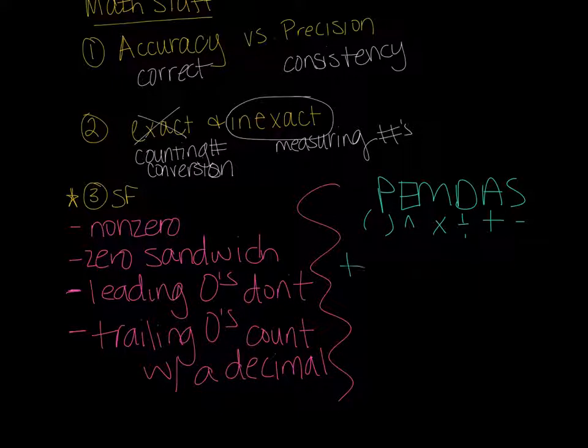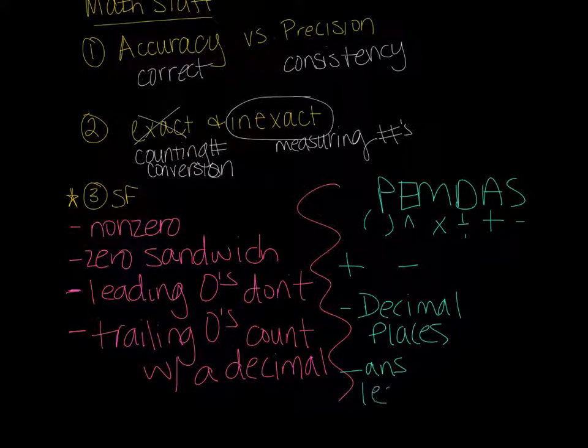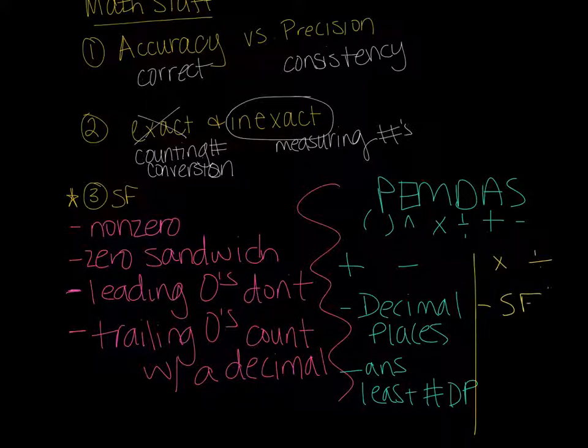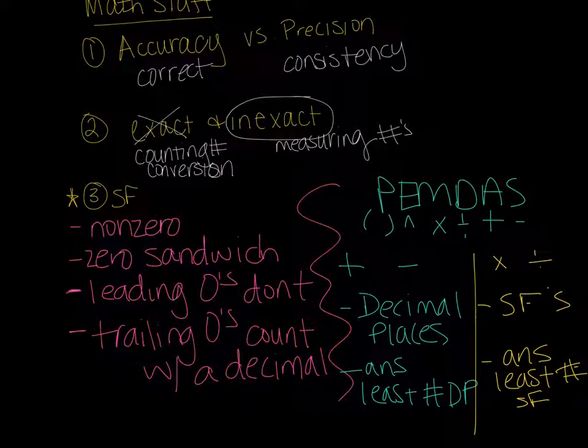And from there, if you are adding or subtracting, you're going to count up decimal places, and your answer should have the least number of decimal places. If you are doing multiplication and division, you're going to count up sig figs, and your answer will need to have the least number of sig figs. Okay, so this one's for sure on your test.